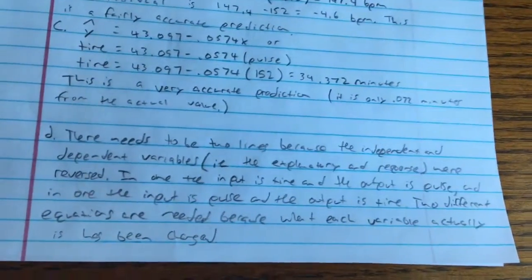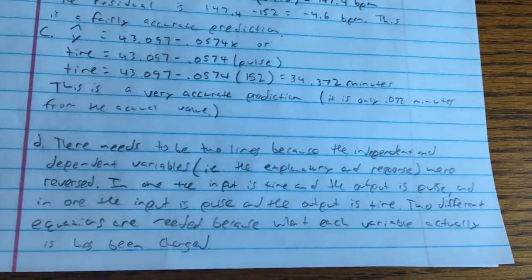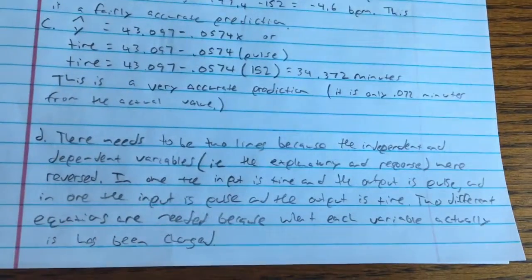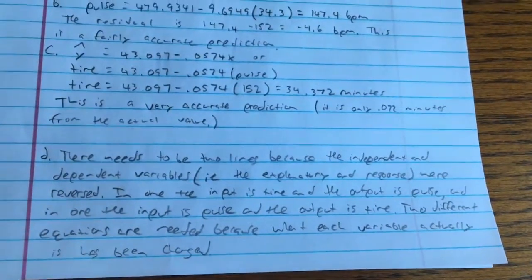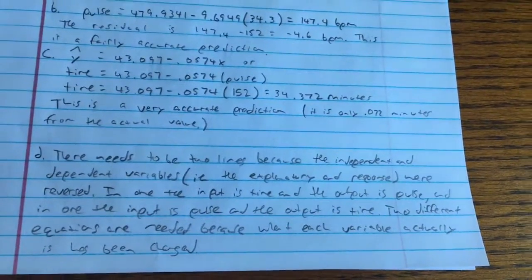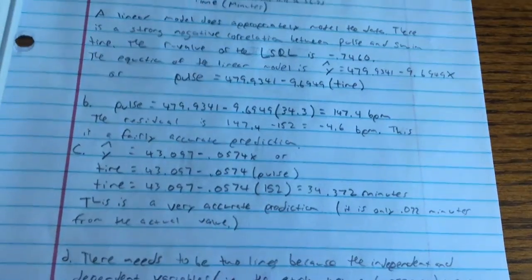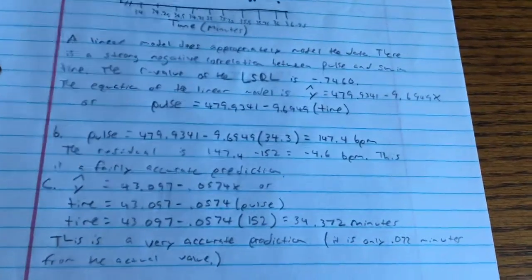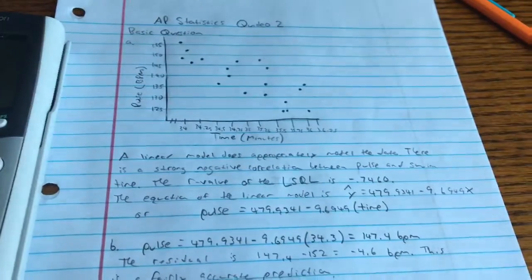So you actually need a completely different equation, because obviously you won't be able to put in pulse and get out time with the same equation that you can put in time and get out pulse. If you were to algebraically switch your x and your y and solve for the new y, you would come up with this new equation to use in part C, but I just did that using the calculator. So that's a pretty basic summary of the basic question.